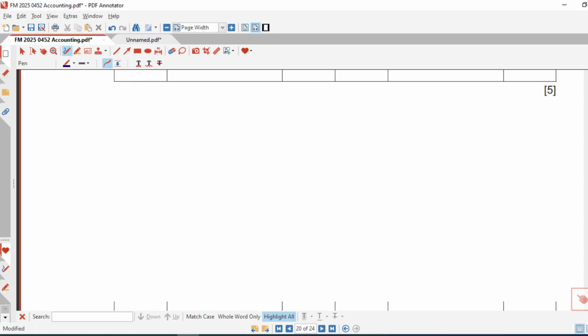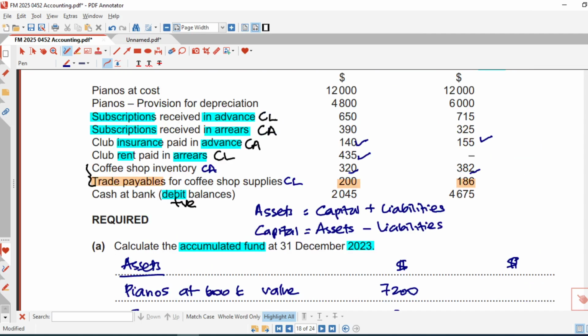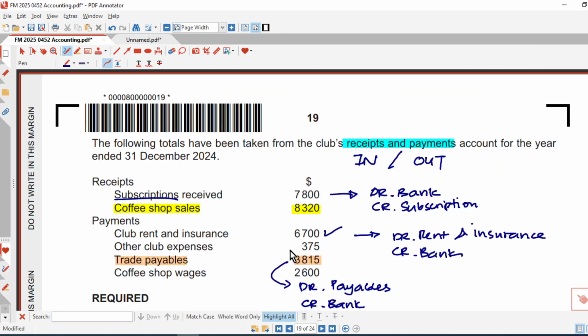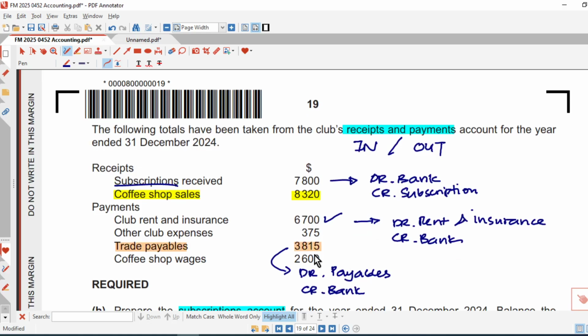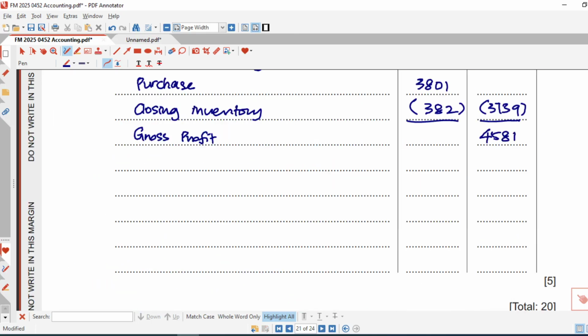I believe there is no other income here. So do we have any expenses for the coffee shop? Yes, we do. We have some coffee shop wages here for 2,600. So that's related, let's bring it there.